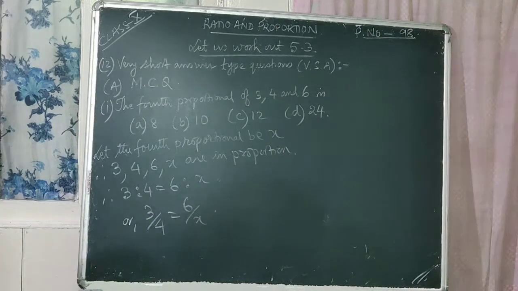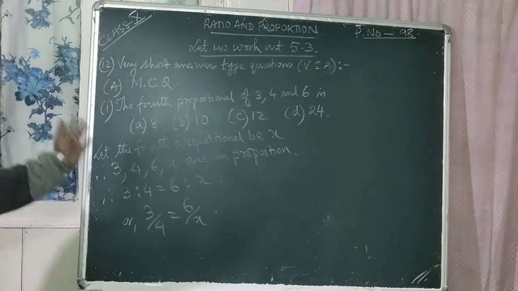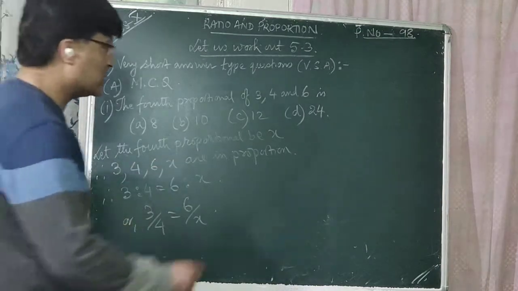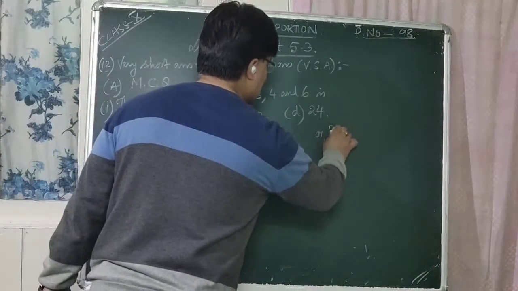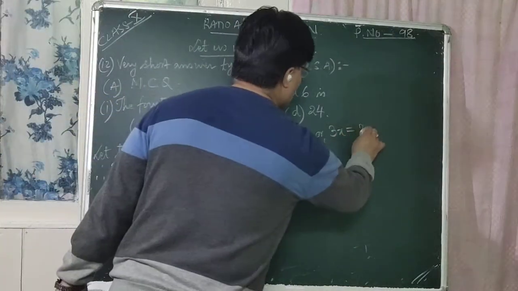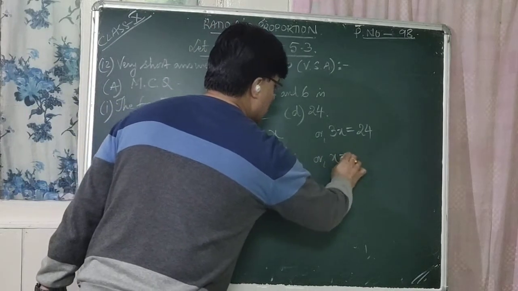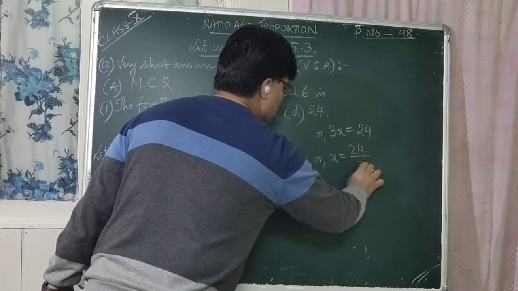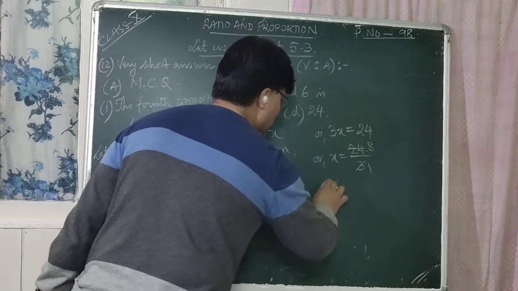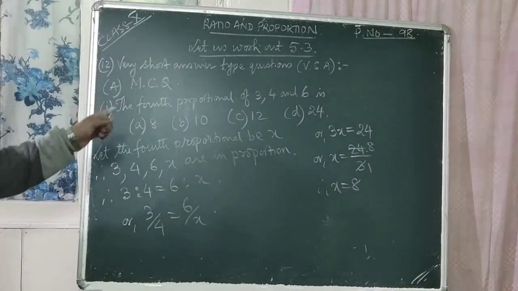So here x is an unknown quantity. You have to get the value for x by cross multiplication, right? So what do we get? That is 3x is equal to 4 into 6, which is 24, right? So what is the value for x now? It is 24 upon 3. 3 1 are 3, 3 8 are 24. That means x is equal to 8. So what is the fourth proportional now?